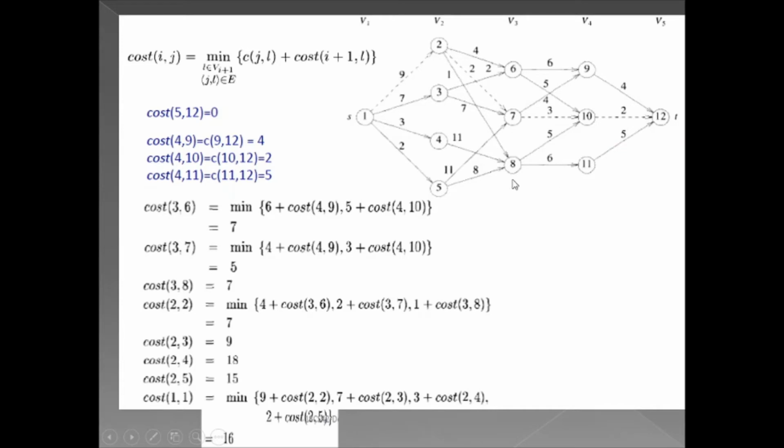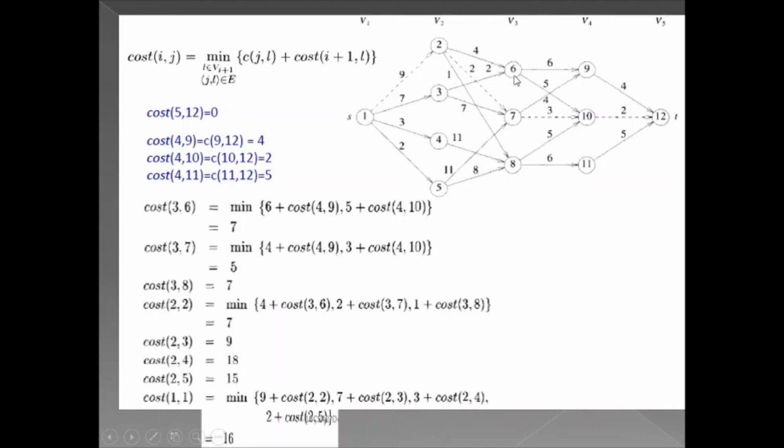Next we have to find the cost of these three vertices which are present in the previous stage, that is 6, 7 and 8, which are present in stage number 3. Here we are going to take the minimum over the outgoing edges.